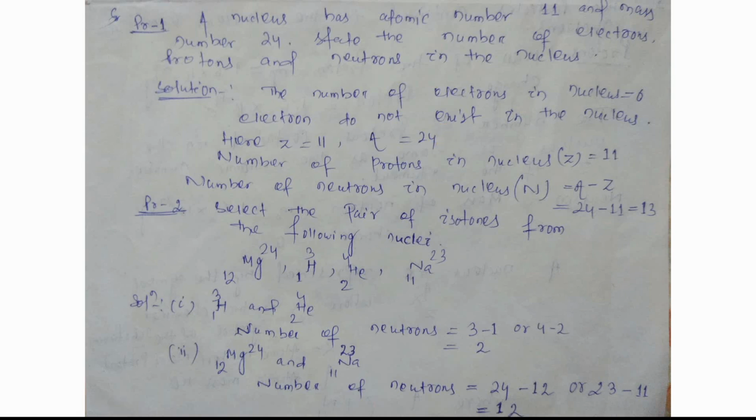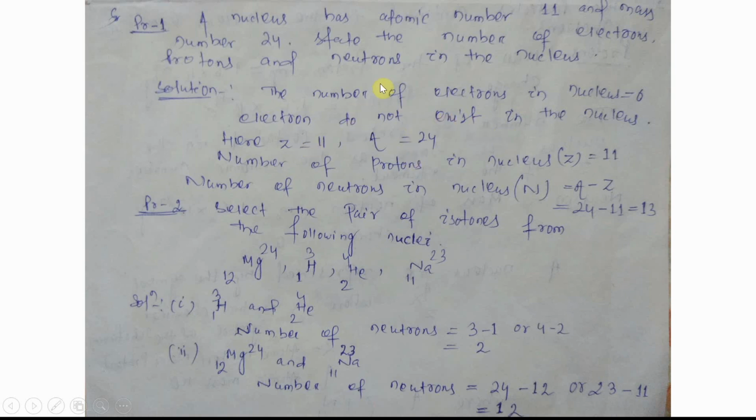Actually, the electron is there inside the atom, revolving in different orbits, but it is not inside the nucleus. Since the electron is not inside the nucleus, the number of electrons in the nucleus is equal to 0, because electrons do not exist in the nucleus.